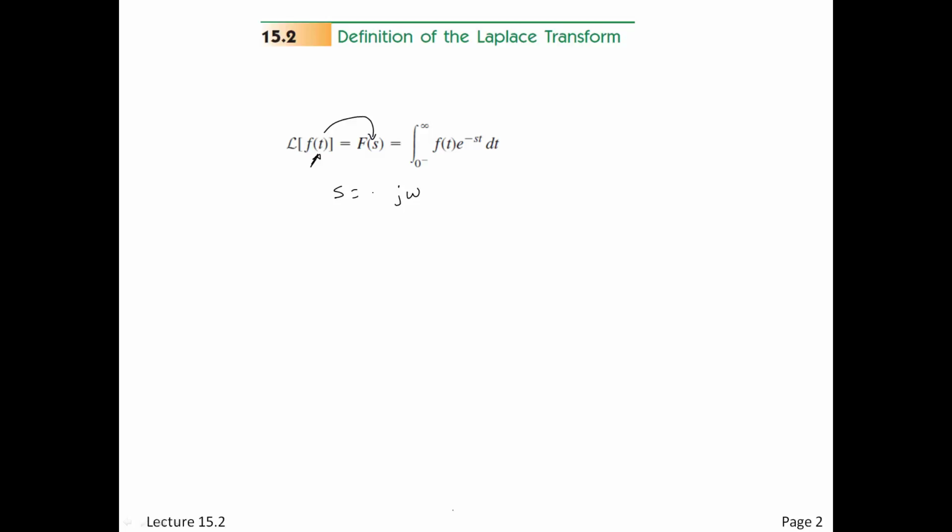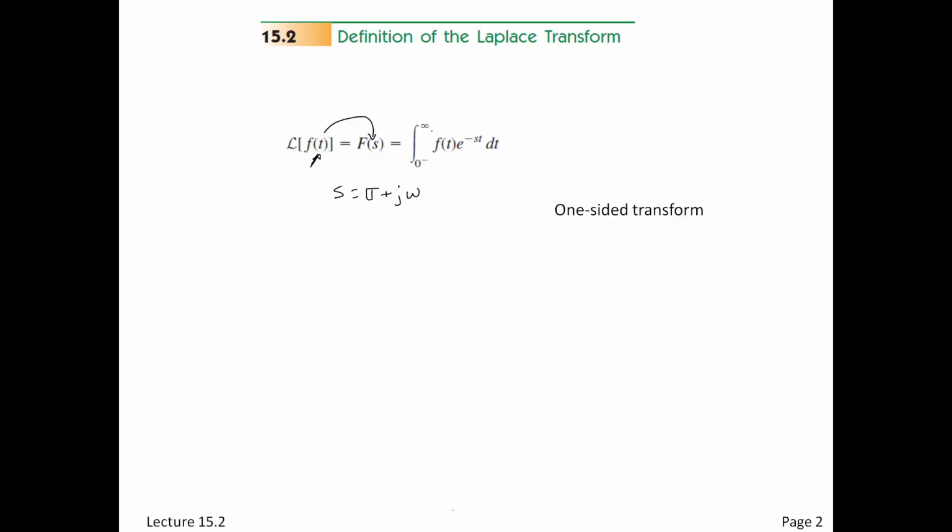Now we're going to add to that a real portion, and we're going to say S is sigma plus j omega. So this is, again, a definition of the transform. Notice it starts at 0. This is called the one-sided transform for obvious reasons.